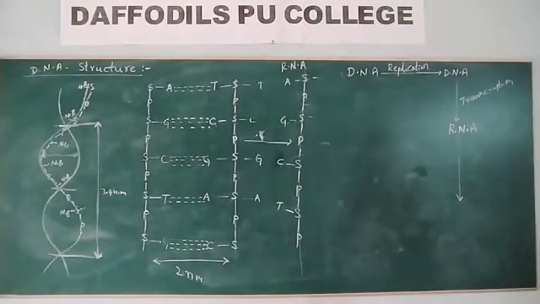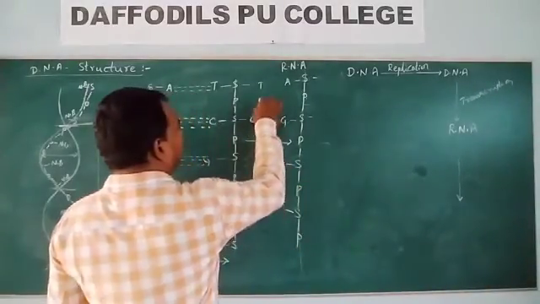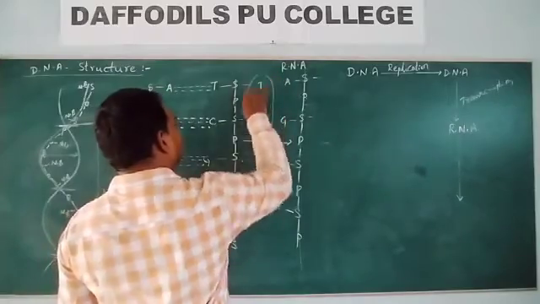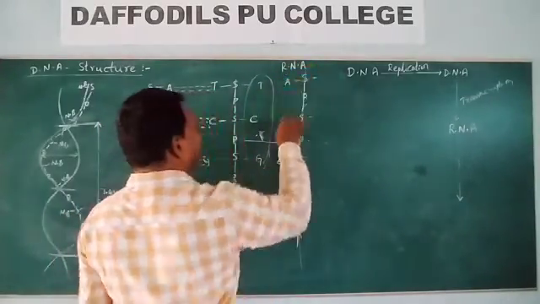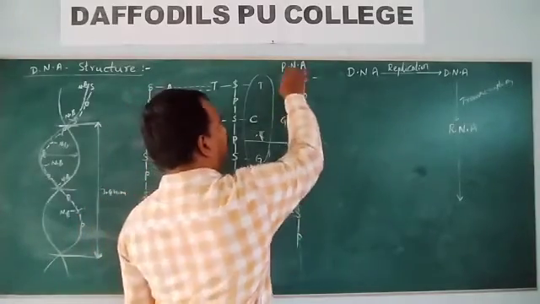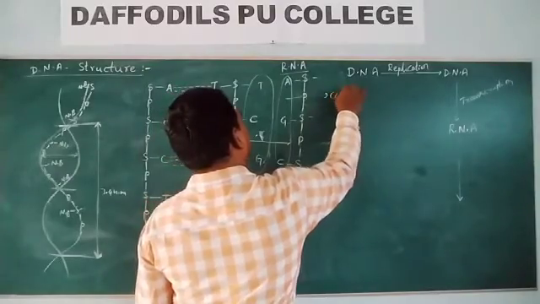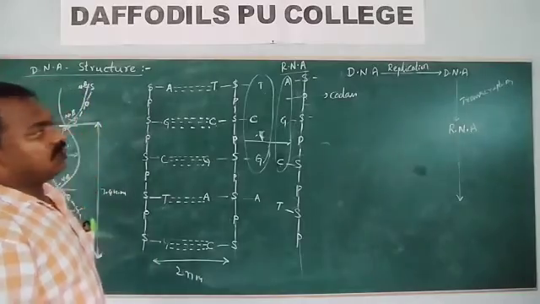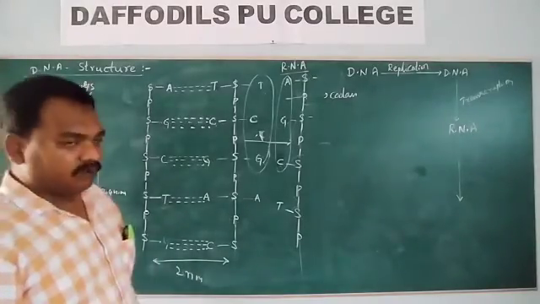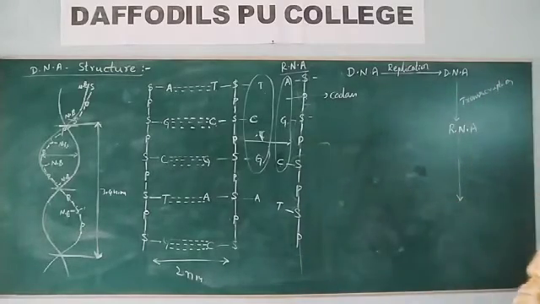translation takes place in amino acid formation. Three nitrogen bases on the RNA strand are called a codon. Each codon represents an amino acid.